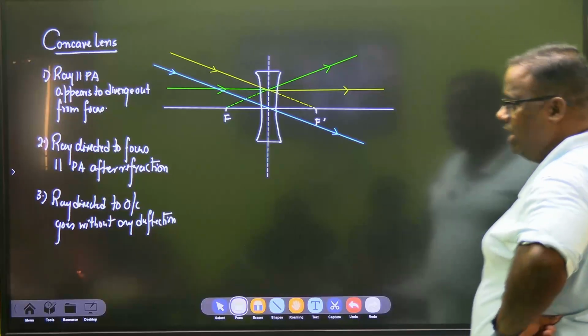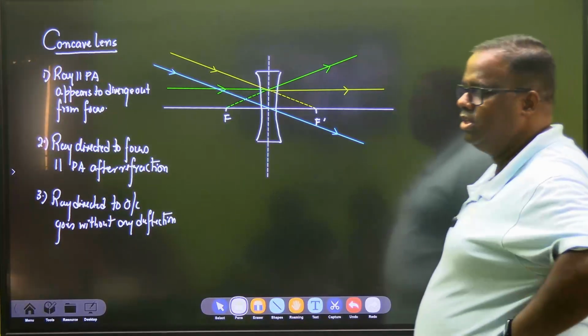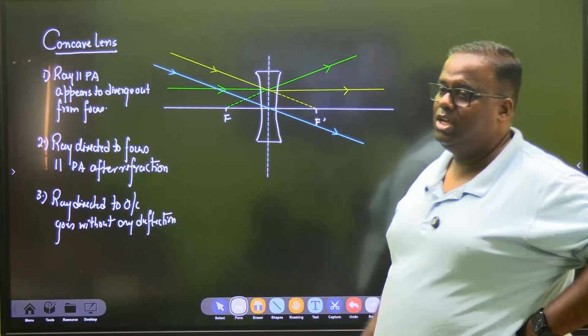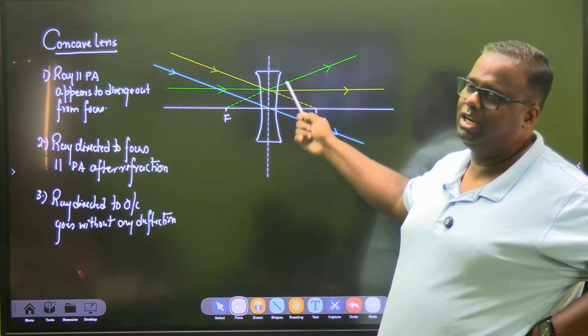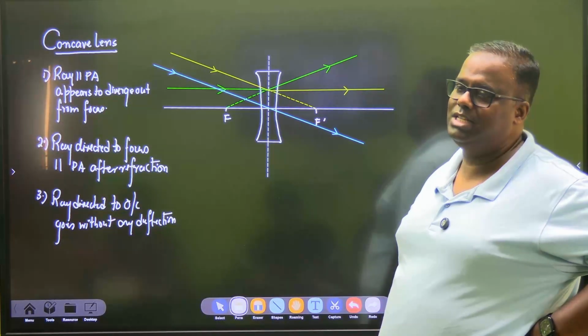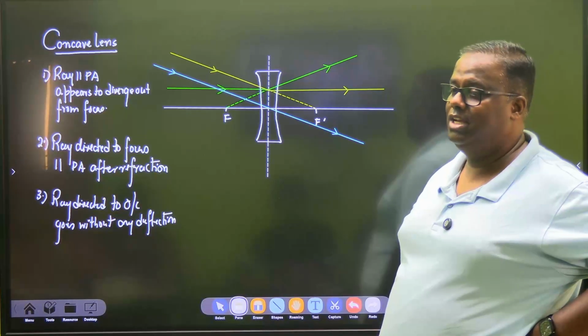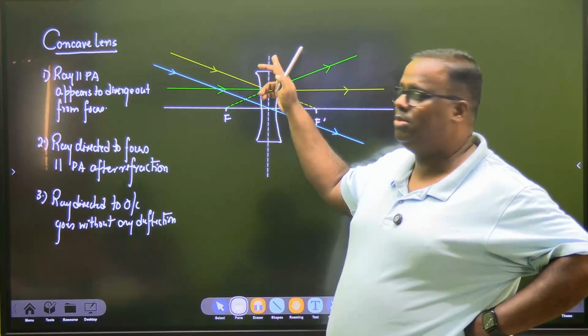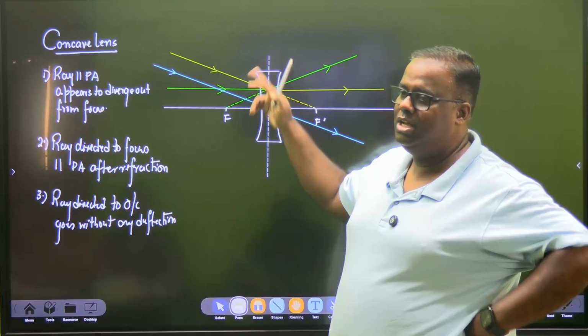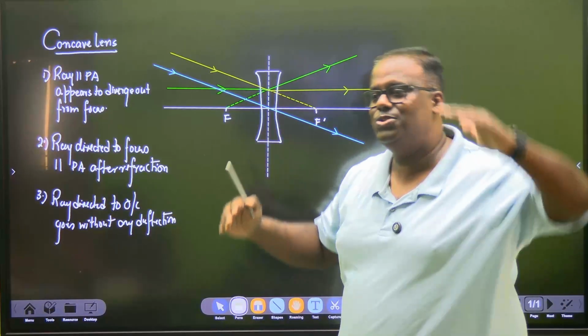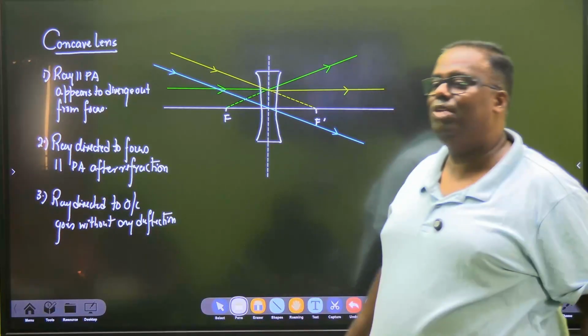One thing, I don't know whether you people have noticed, just look at the board once. Wherever the lens is thicker, the ray will always bend towards that side. Imagine the convex lens. Convex is called what? Converging. A convex lens starts from a pivot or a point and slowly starts flattening out, so the rays also come towards the flatter side.